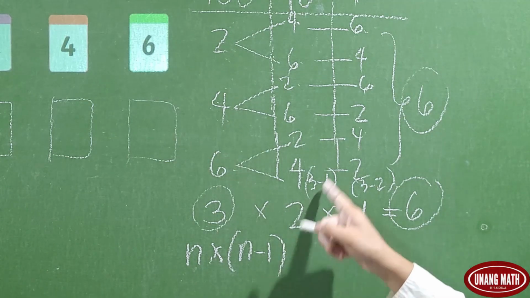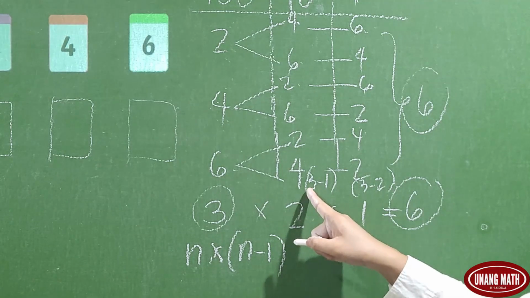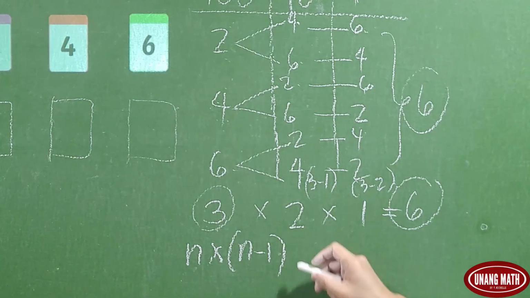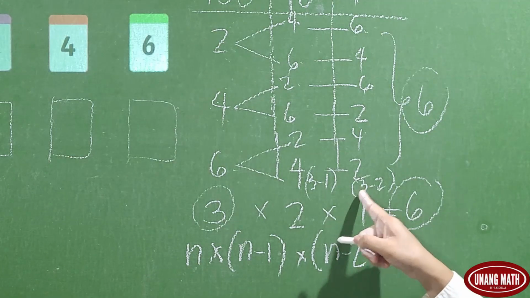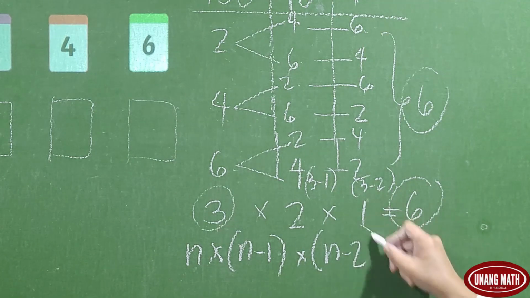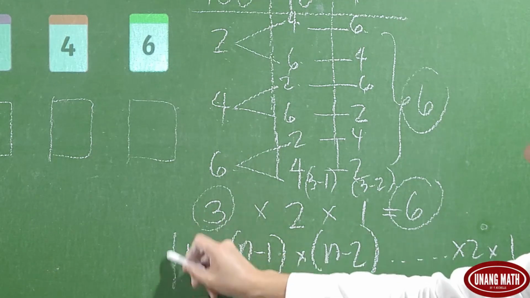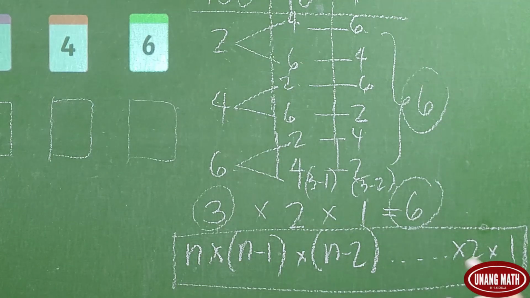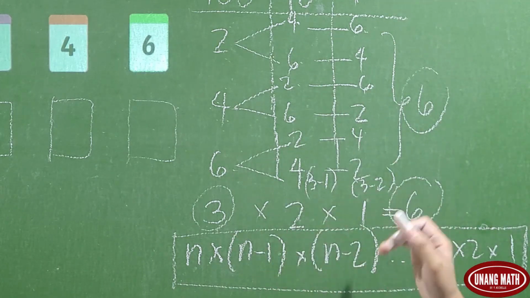If you go back to what we did a while ago, how did we get 2? It's 3 minus 1, so 3 is n. So n minus 1 times n minus 2 as what we did here, 3 minus 2. So n minus 2, times 2 times 1. You just have to remember this formula in order to find all the possible outcomes.